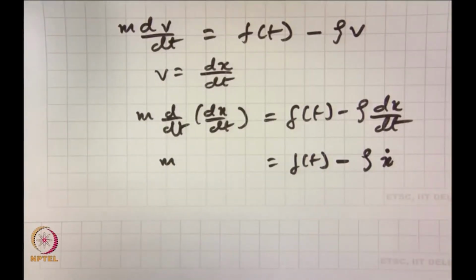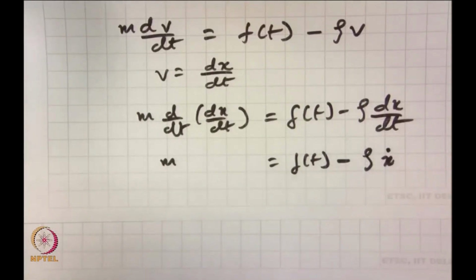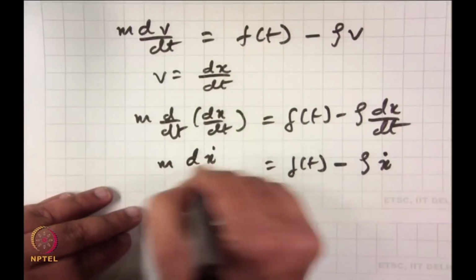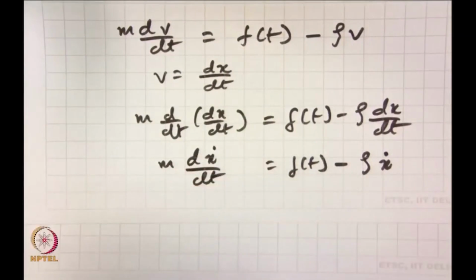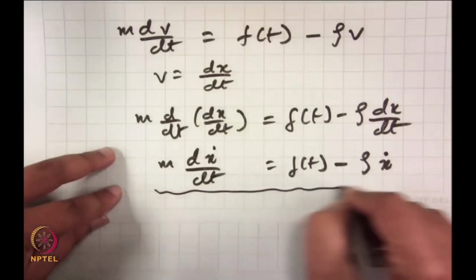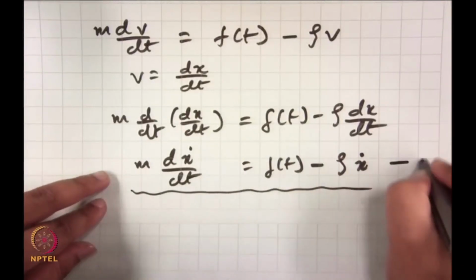What does x dot signify? It is essentially dx over dt, so I can write d of x dot over dt, because that is what we wrote down. Because I am starting with a new topic, let this equation be 1.